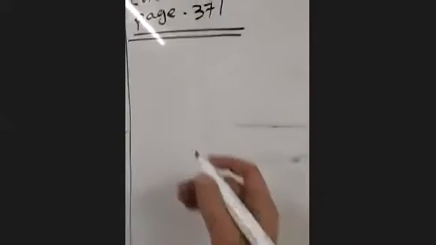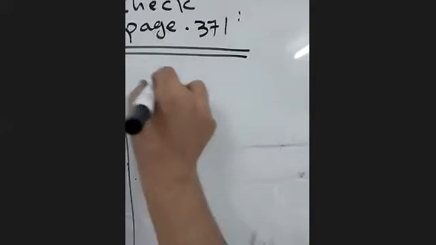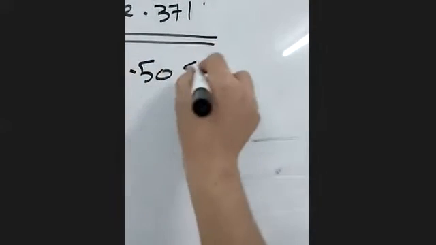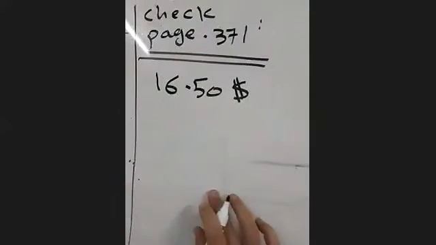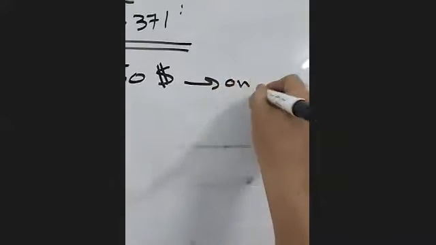Okay, the question asks for an equation that can be used to find the number of people Sophia can have. So Sophia has $16.50 in total, right? She wants to spend it on a party, right?